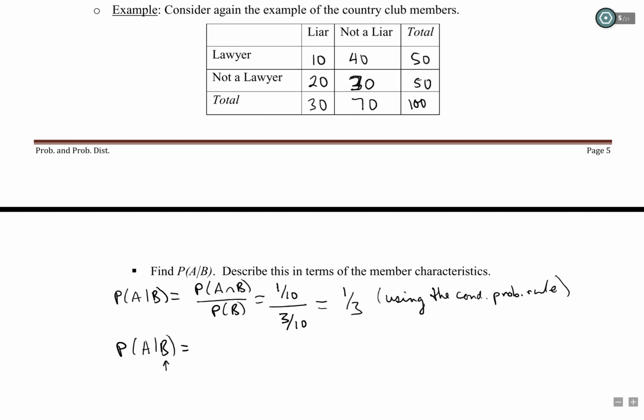So this is saying, what is the chance that someone is a lawyer given they are a liar? If I am just restricting myself to this column here, then out of the 30, there's 10 that would be lawyers. And so that would be 10 out of 30, or also 1/3, and that's just by conditioning on the table.